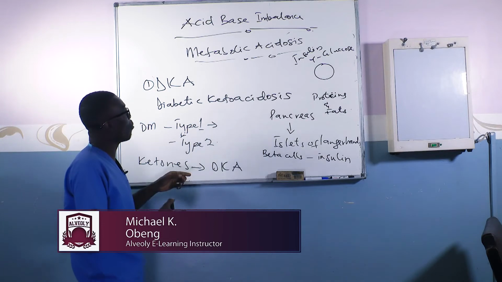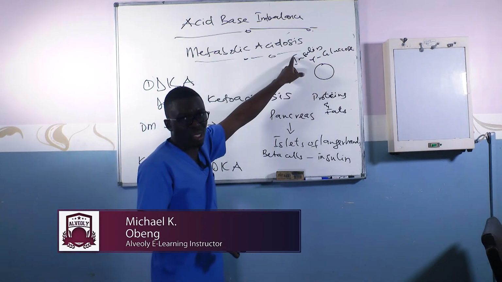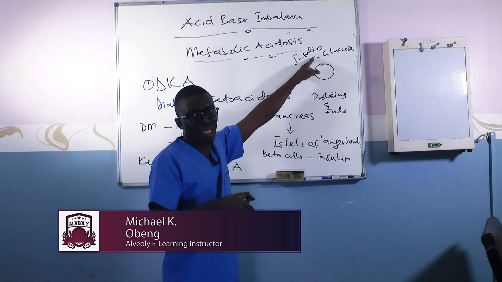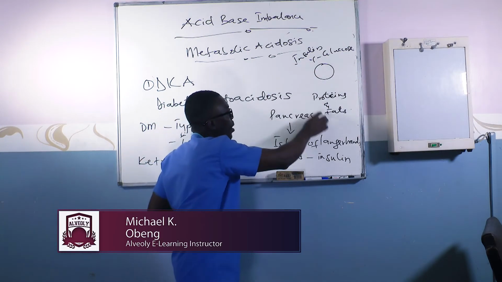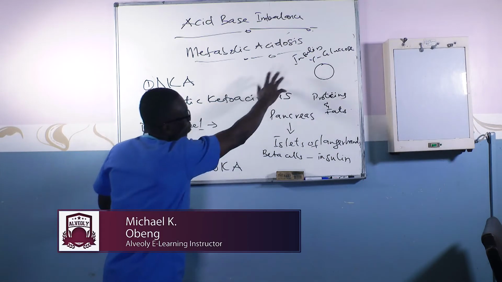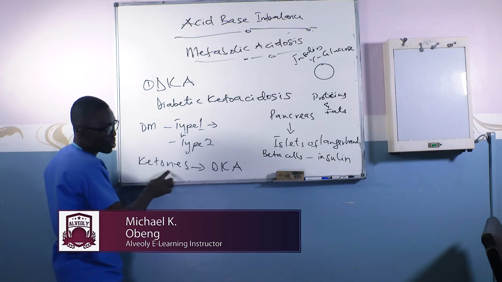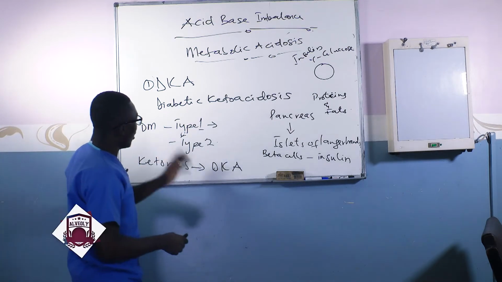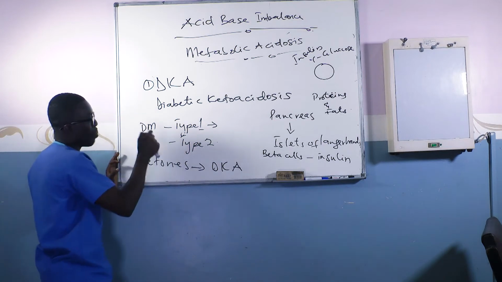And it is a form of what? Metabolic acidosis. Because the metabolism of glucose has been affected to the extent that it is the breaking down of fat that can generate energy, but because it can't break down completely, it releases ketones, then it leads to what? DKA. So one, DKA is a form of metabolic acidosis.